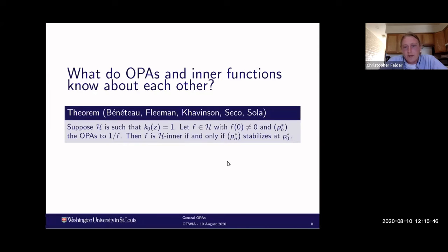So if we take F in H with F of 0 not equal to 0, that's just saying K0 and F are not orthogonal. We let Pn star be the OPAs to 1 over F, then F is H inner if and only if Pn star stabilizes at P0 star. So this means I'm looking at these projections and I can get no closer to 1 than some constant multiple of F.